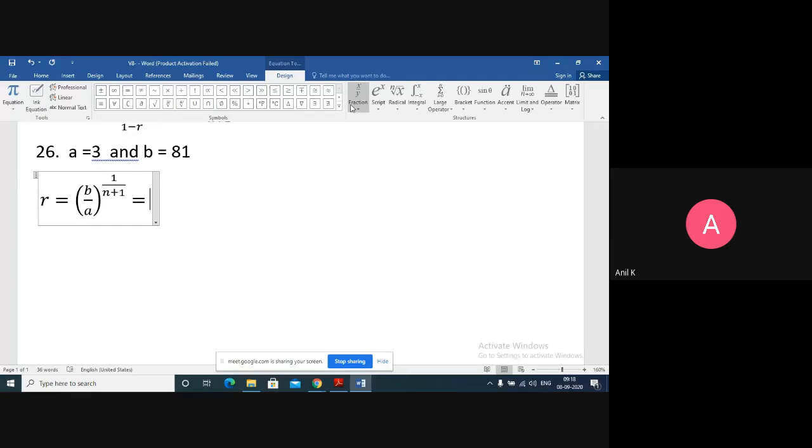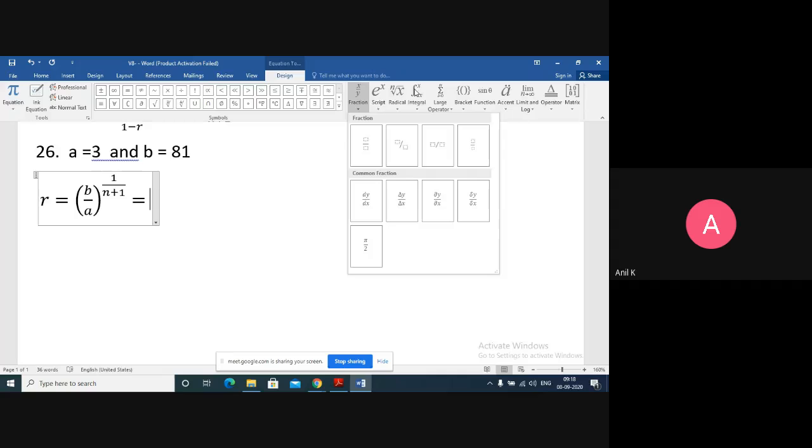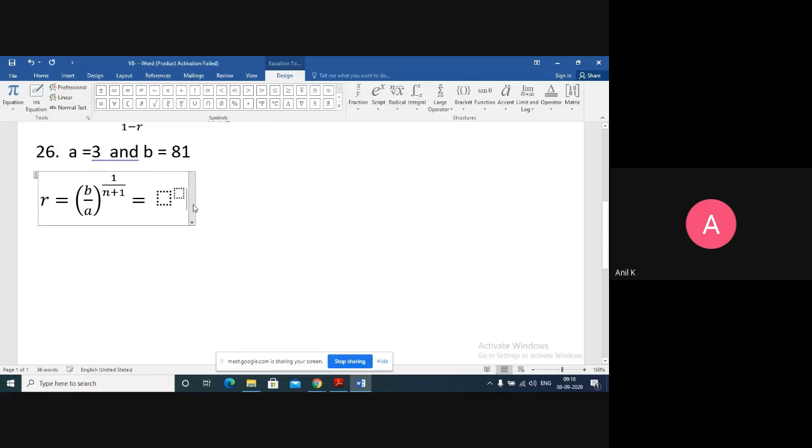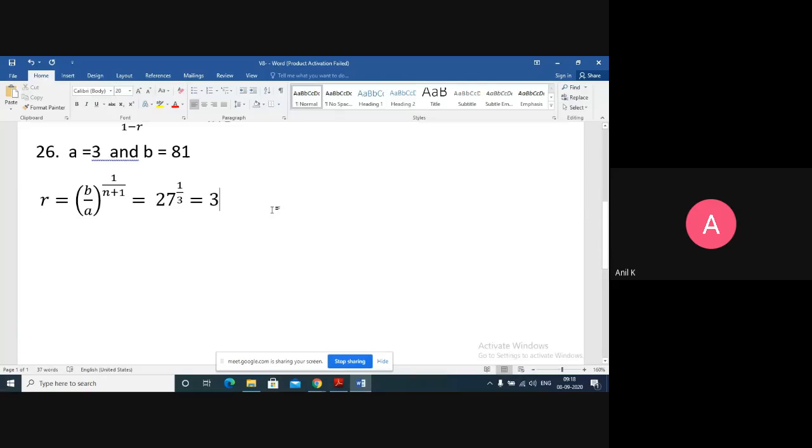So you have here 27 whole to the power of 1 upon 3. So 27 whole to the power of 1 upon 3 is nothing but 3 only. Cube root of 27, which is 3. So here I got the R value as 3. So for my required numbers, I have the A value as 3.